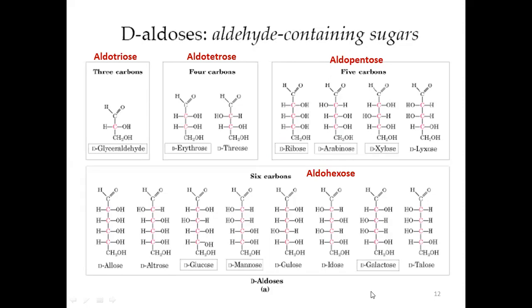So now we will just familiarize ourselves with them, and later we will memorize the repeating monosaccharides. For now, we are just familiarizing with the structures of the common sugars.